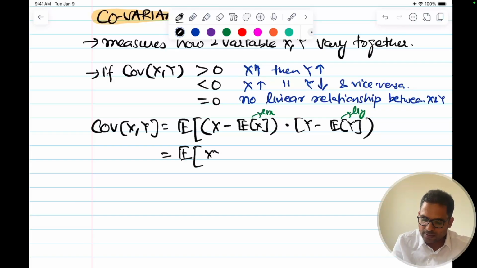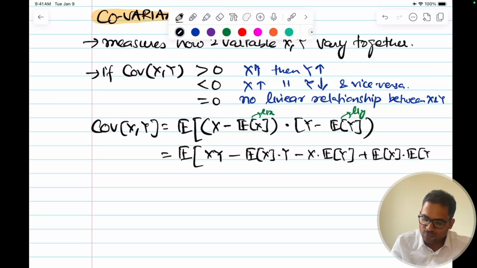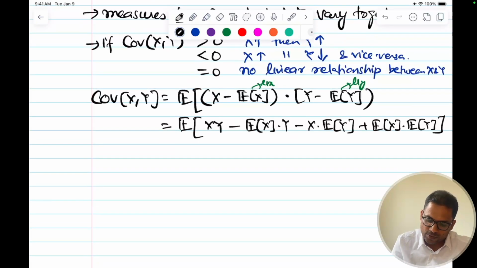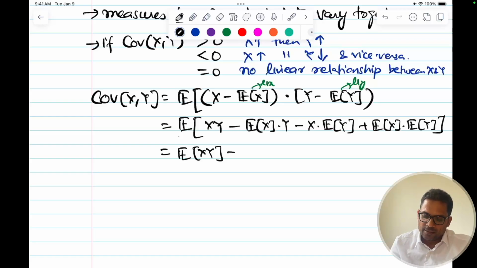x into y, xy, minus expectation of x into y, minus x into expectation of y, plus expectation of x into expectation of y. This is the whole thing. Now let's expand this, so open this bracket up. Expectation of xy will be expectation of xy, minus expectation of x into y.